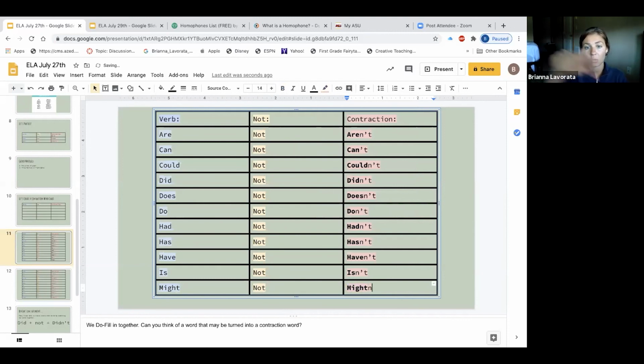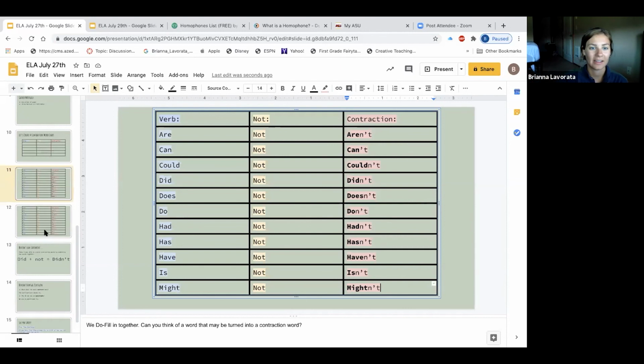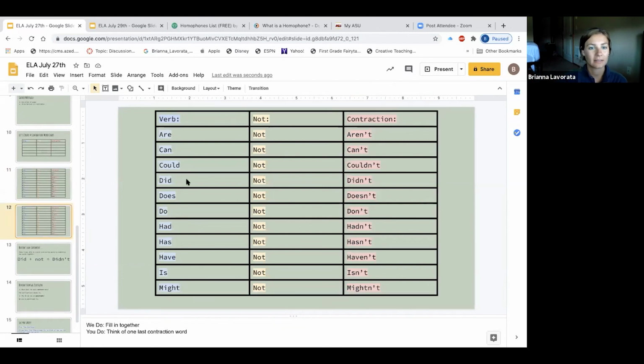I'm going to take away that O, just like I've been doing before, replace that with an apostrophe and put my T. So we have the word might not. She might not get to come to school today. She might not becomes mightn't. I know it's kind of a weird word to pronounce, but it is a word, right? Mightn't. Okay, there's my word chart, everybody.